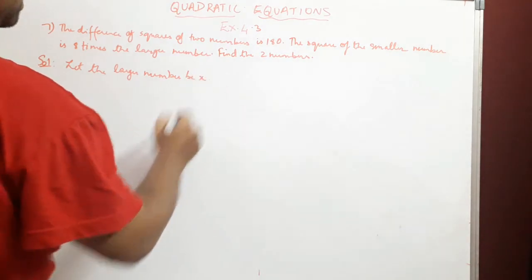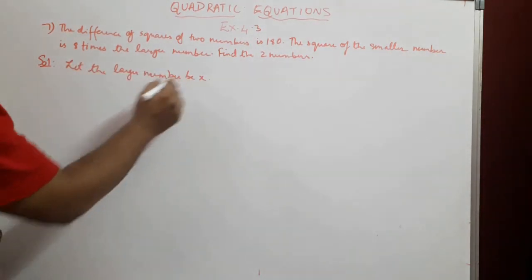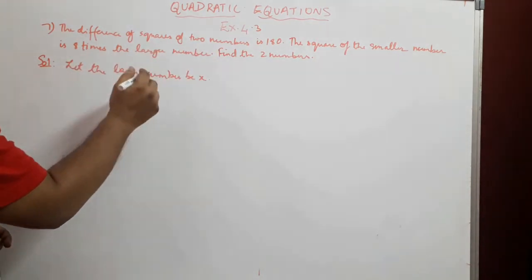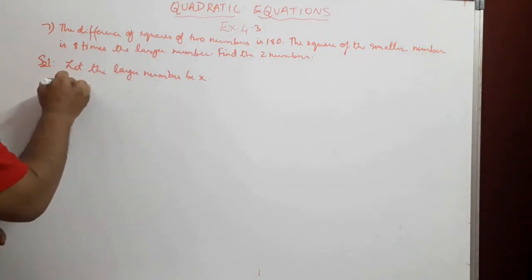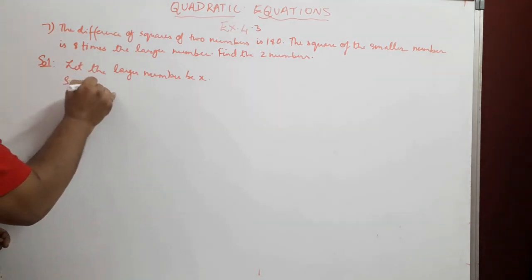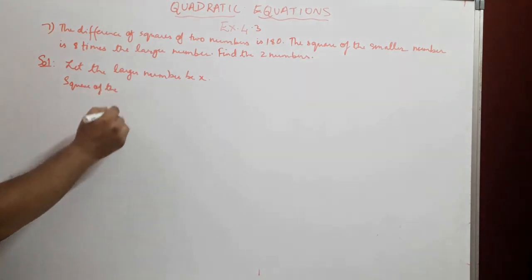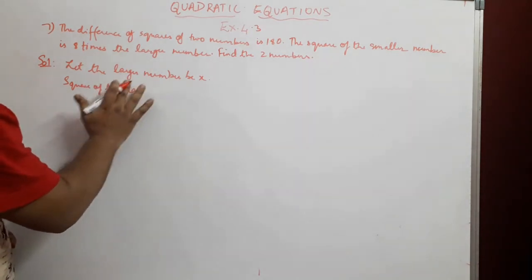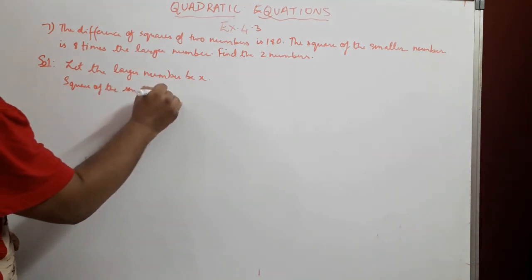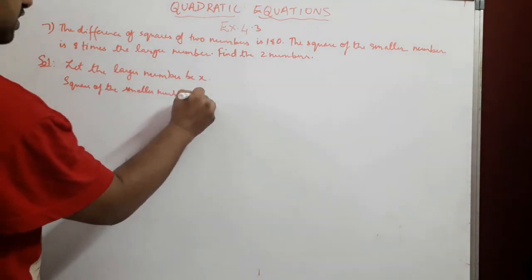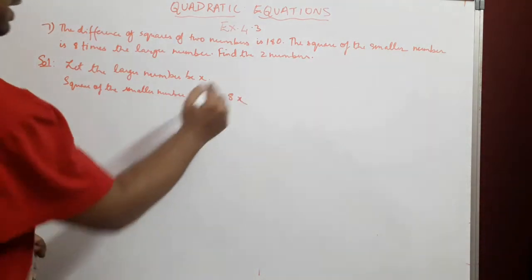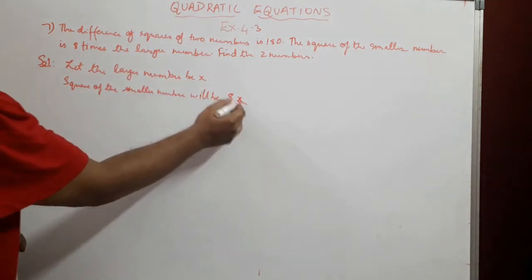So if the larger number is x, the square of the smaller number is said to be 8 times the larger number. So the square of the smaller number will be 8x, 8 times the larger number.